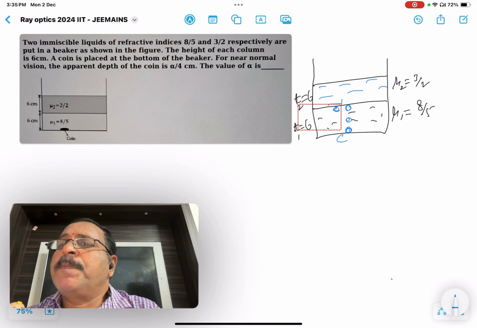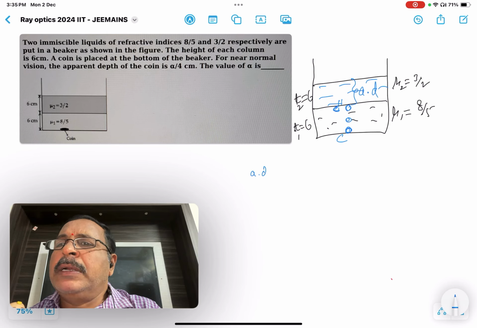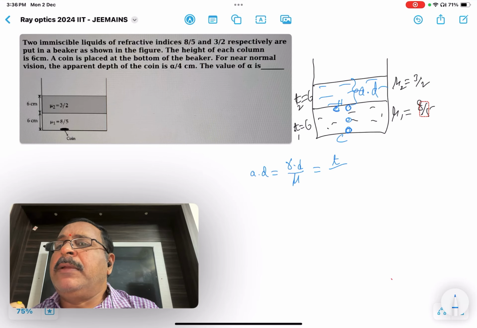If C goes to C dash, then this will be the apparent depth. The general formula for apparent depth is real depth divided by mu. Real depth means, in general, T, the thickness of the liquid, divided by mu.